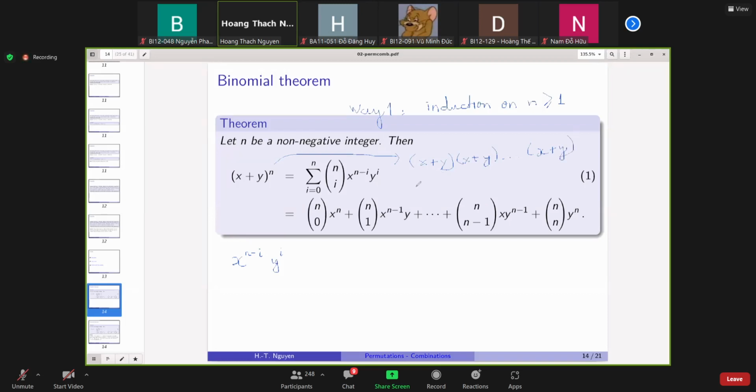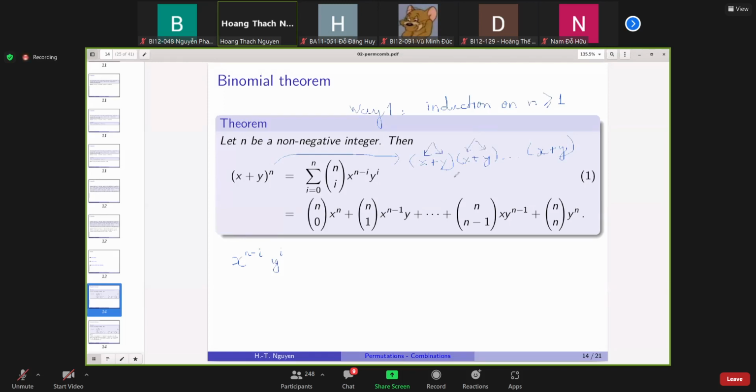Each term in the right-hand side is formed by choosing, from each of these factors, either x or y.